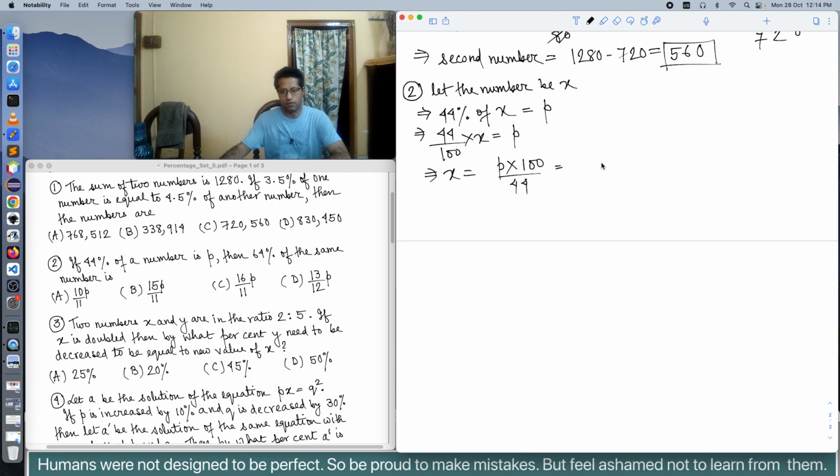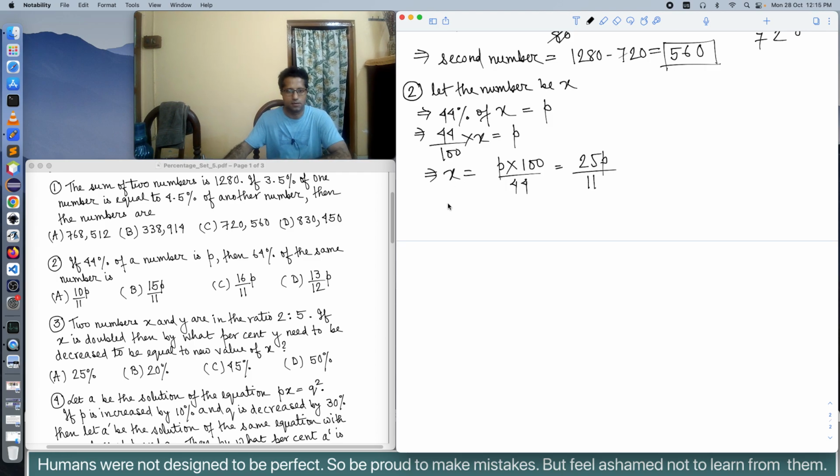If you simplify 100 by 44, it is 25, so 25P by 11. So X, that is the number, we got in terms of P.